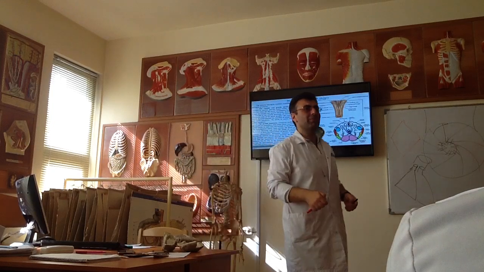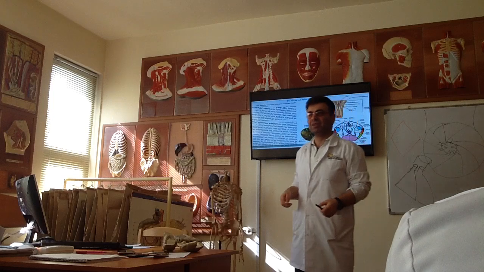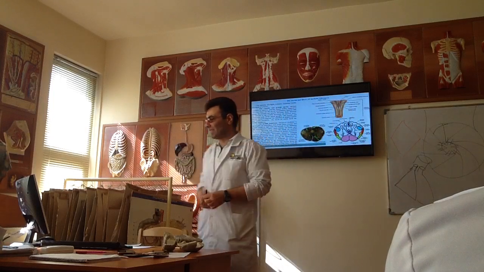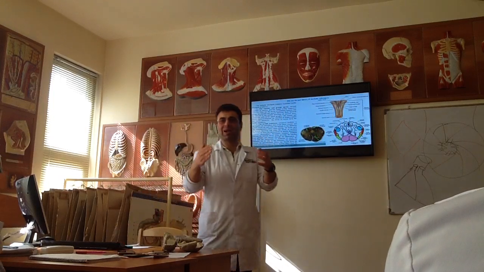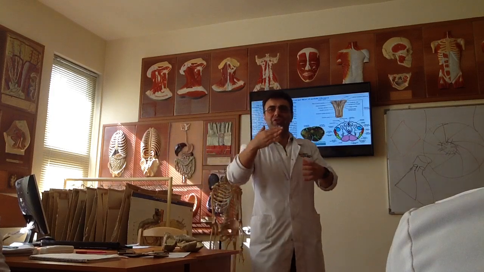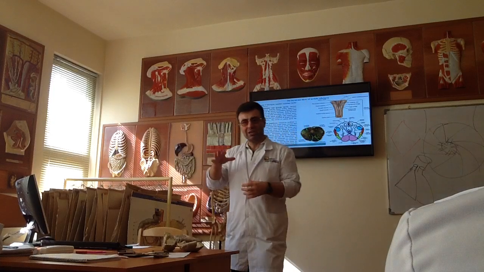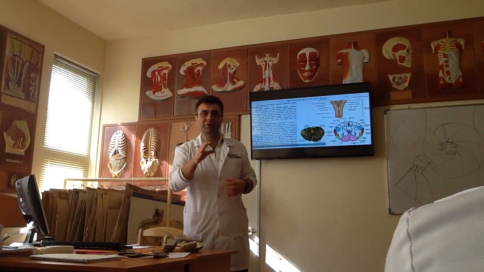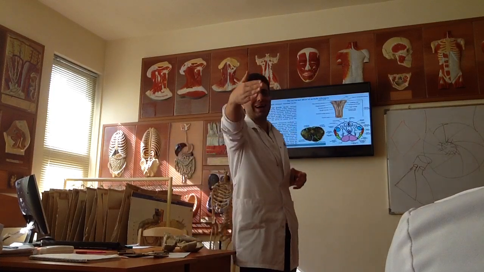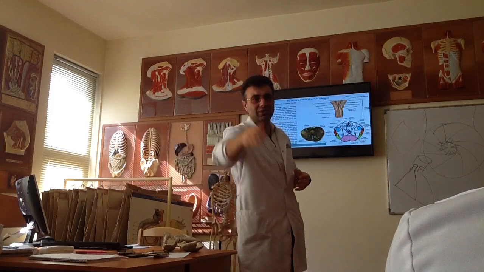Next structure, it is lemniscus medialis. It is located in the mid part of medulla oblongata, just behind the pyramids. Once again, just behind, not in front, behind the pyramids.